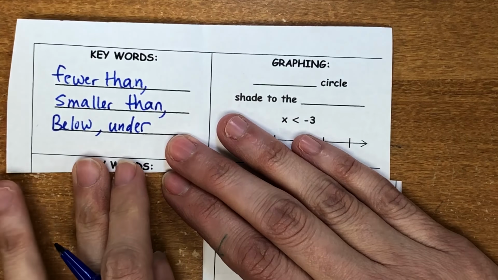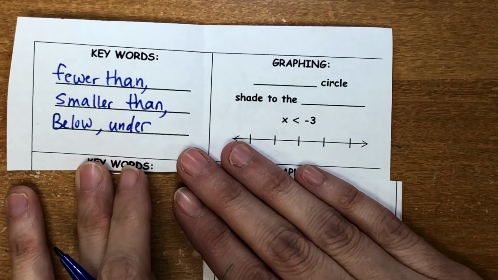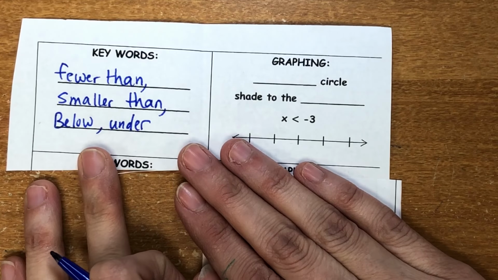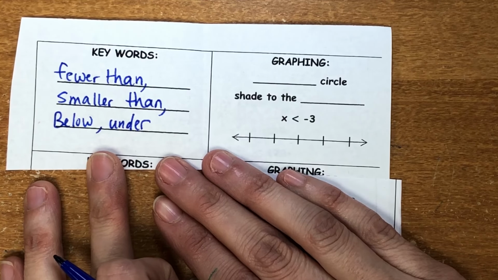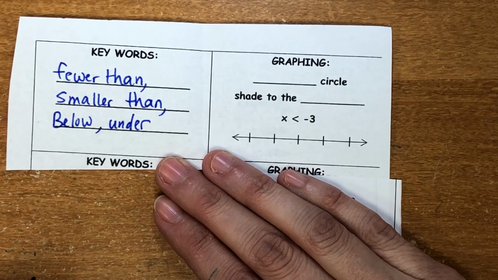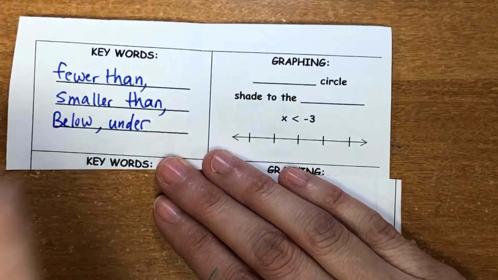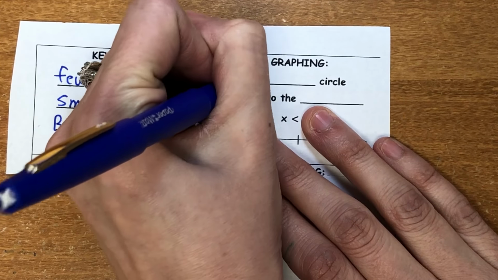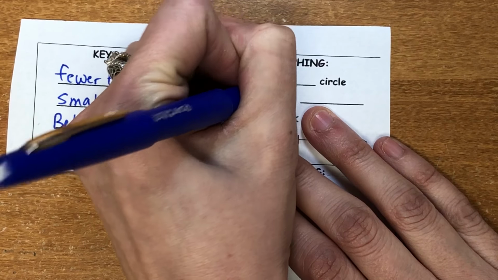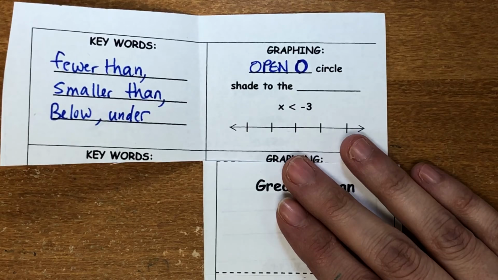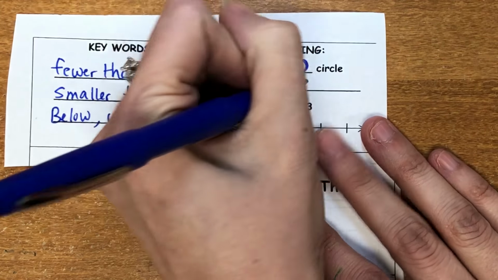When you are graphing an inequality, so not only are we going to write inequalities, but we're also going to graph them on a number line. When we graph them, if it's the less than symbol, it's going to be an open circle. And since it's less than, we are going to shade to the left.